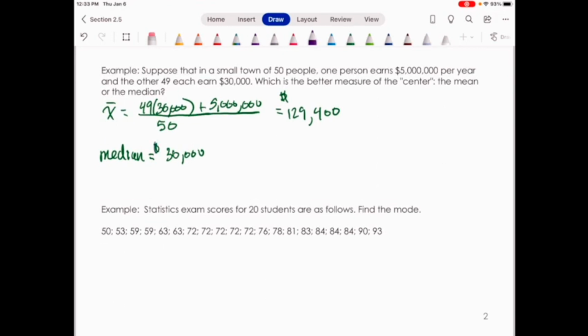Now, of these two values, this 30,000 does a better job of describing the overall salary in this town. So this is one of those cases where it's better to use the median to describe the data than the mean. So keep that in mind as we are going through the course, that sometimes one is better to use over the other.